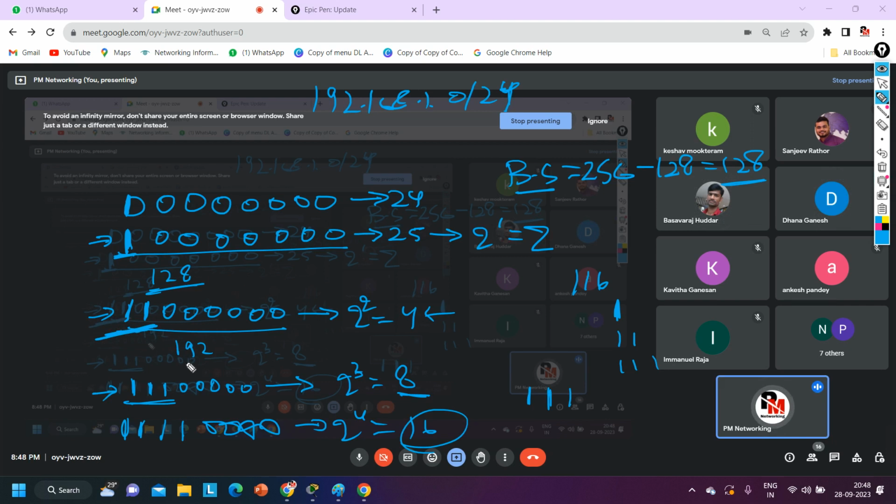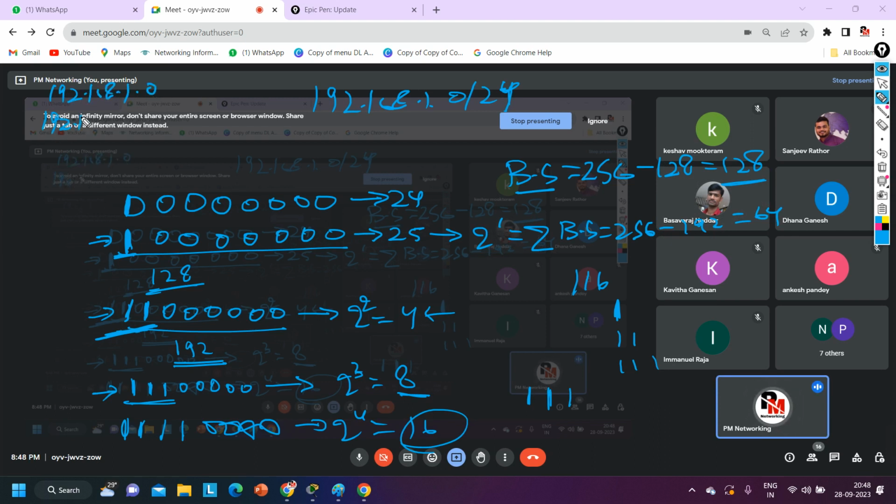Then your subnet mask will be 192. The formula to calculate block size is very simple: 256 minus the subnet mask of the last octet, that is 192. What value will you get here? 64.